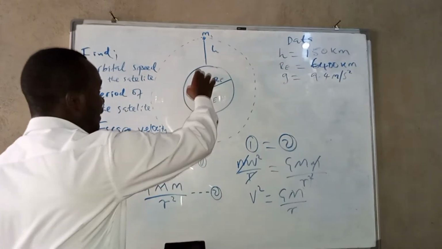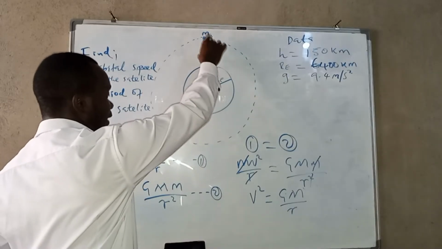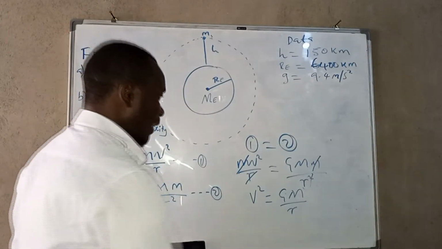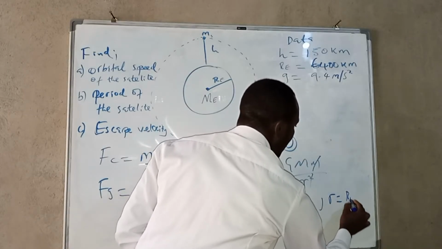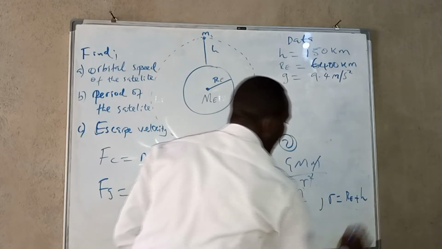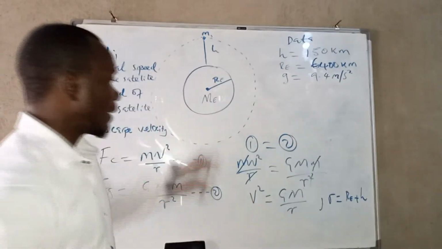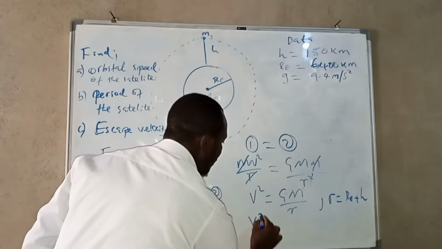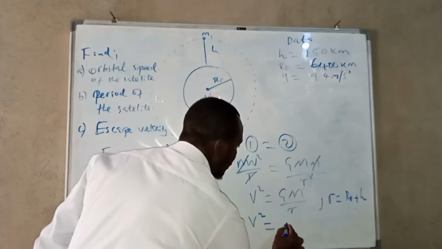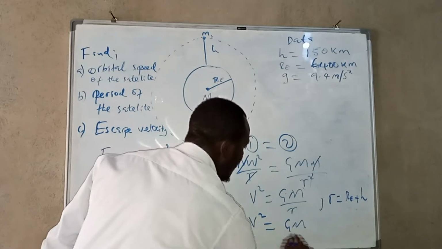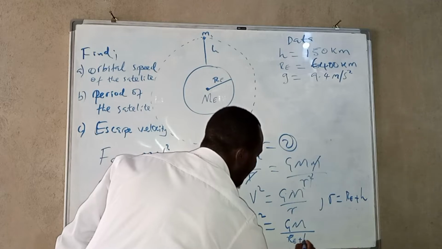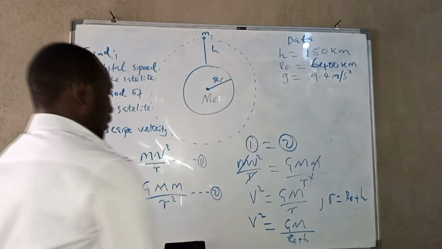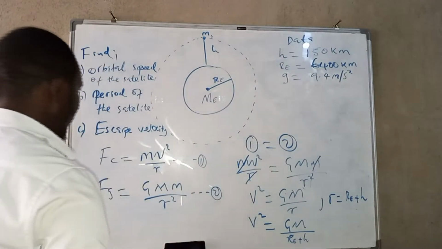But since it is orbiting at an altitude, this r is equal to Re plus h, the radius of the Earth plus h. So our v squared is equal to GM over Re plus h. Let us take note of this equation.